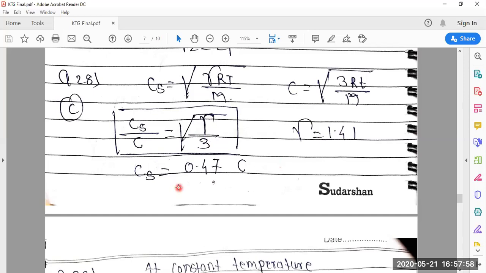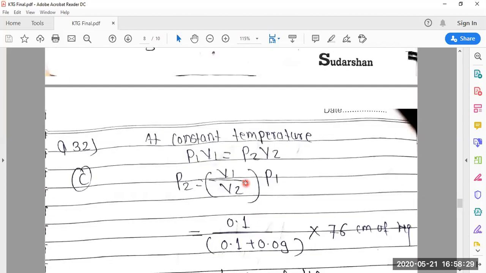So finally we get the relation Cs is less than C. But in these 4 options, there is no option like this, because in this case Cs is less than C. No correct option. Next question.